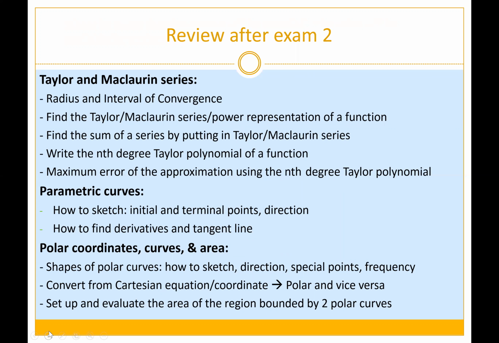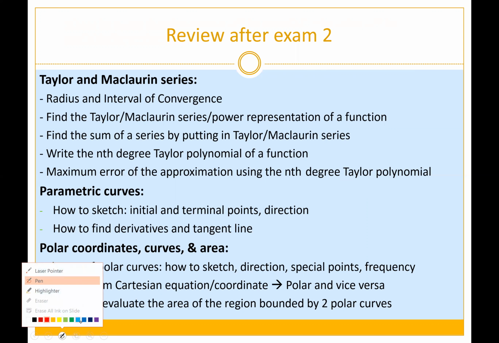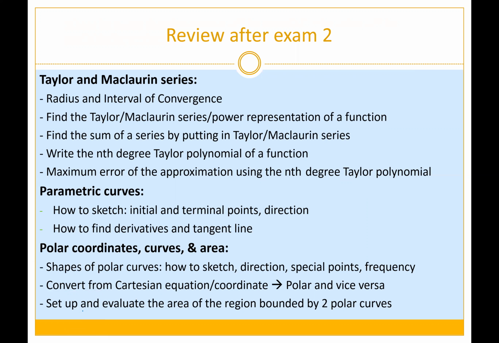First of all, we have the review for topics after exam 2. That's going to be 40% of your final exam. We have power series, particularly Taylor and Maclaurin series. Things we need to know: how to find and determine the radius and interval of convergence, and find a power series representation of a function, either a Taylor series or Maclaurin series.